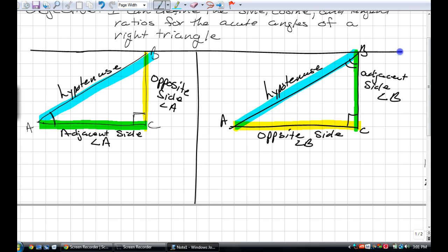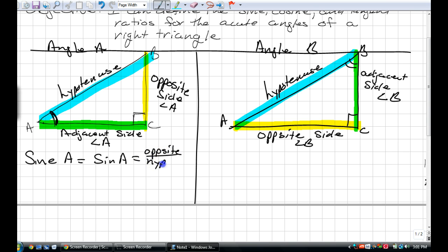This side is in terms of angle A, and this side is in terms of angle B. The sine of angle A, which we abbreviate SIN of A, and when we talk about angle A, we're talking about the measure, is equal to the ratio of the opposite over the hypotenuse.